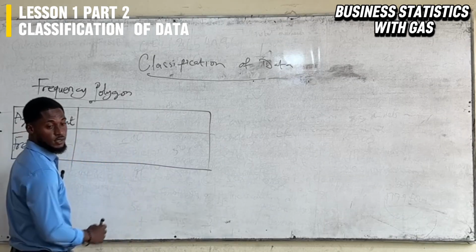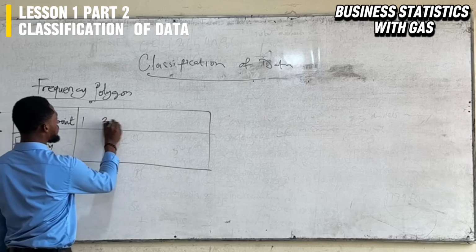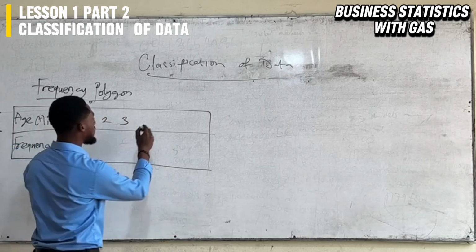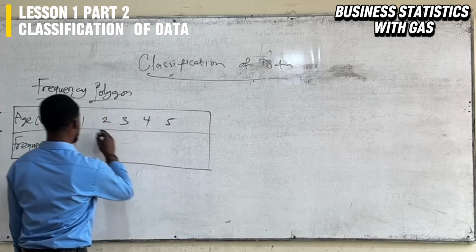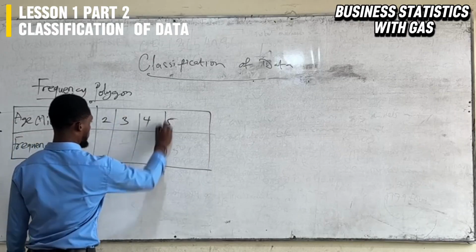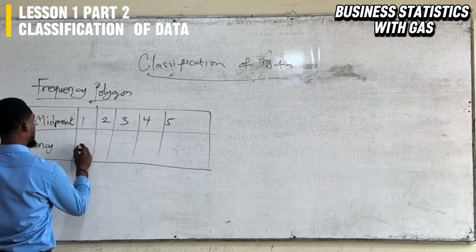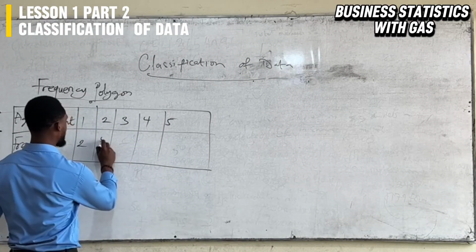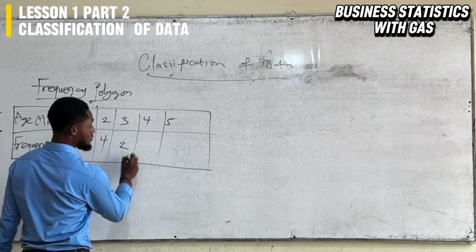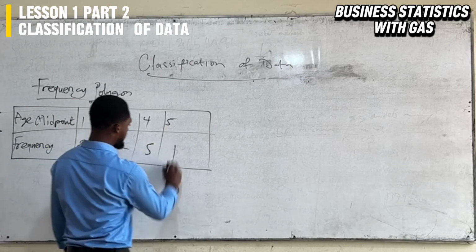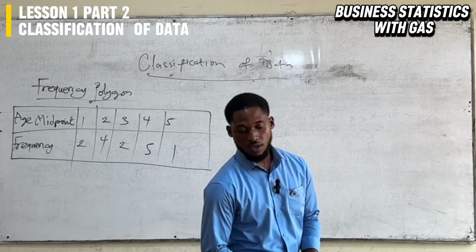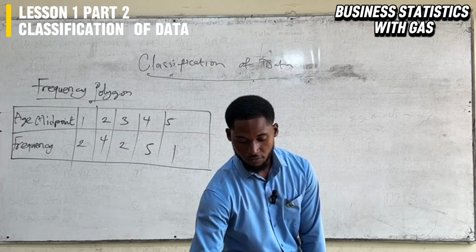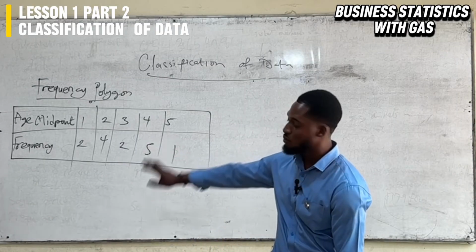With the age point, it starts from 1, moves to 2, 3, 4, and 5. Then it maps onto 2 as your frequency, then 4, then 2 again, then 5, and 1. So now we are asked to draw a histogram for the following data using the frequency polygon.